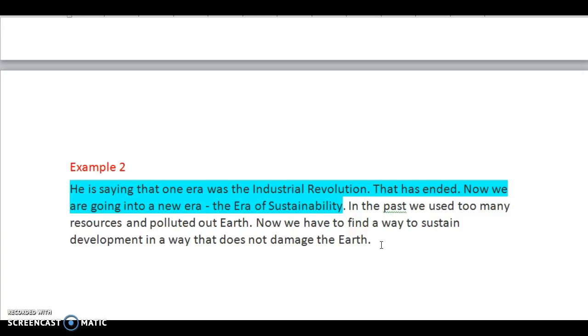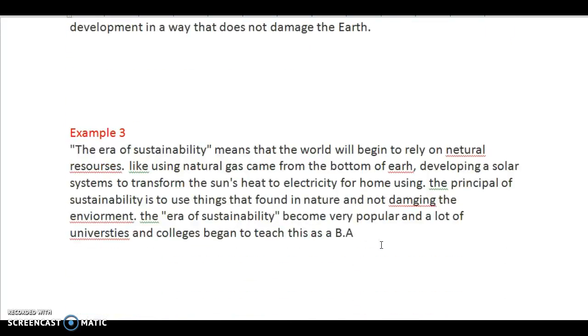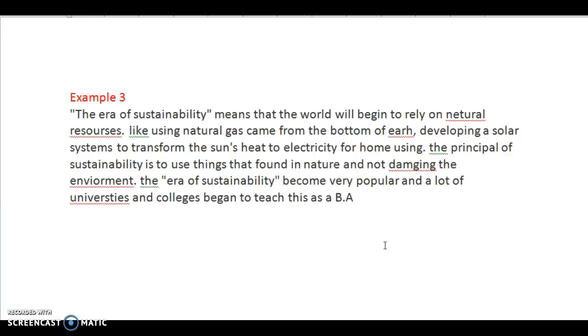So here we've got a little bit better. Example 3. It already begins the era of sustainability. Look how nicely this is in quotation marks. Means the world will begin to rely on neutral, well, it should be natural resources.